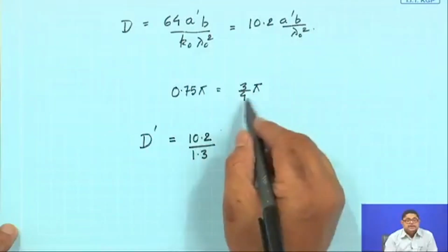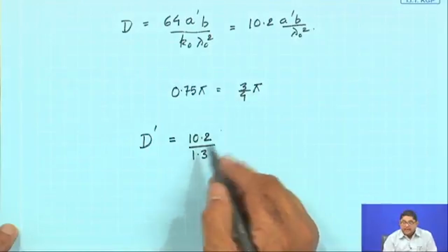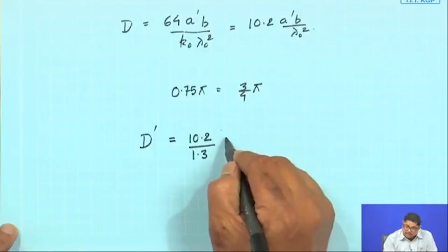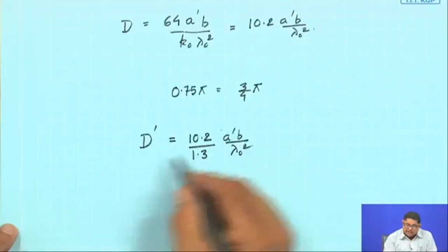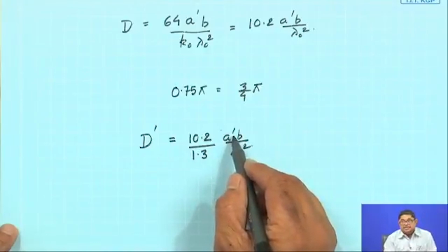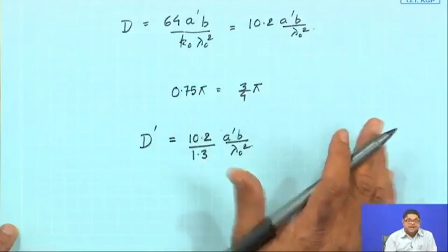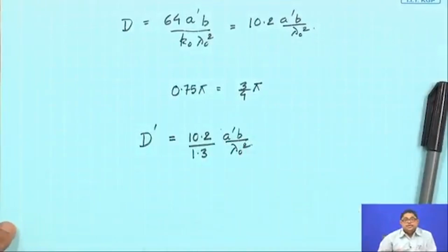Actually, this phase error makes the gain reduced by a factor of 1.3 a dashed b by lambda naught square. Then you can ask why we are choosing this, because I am increasing a dashed. So, by that the maximum gain is obtained.